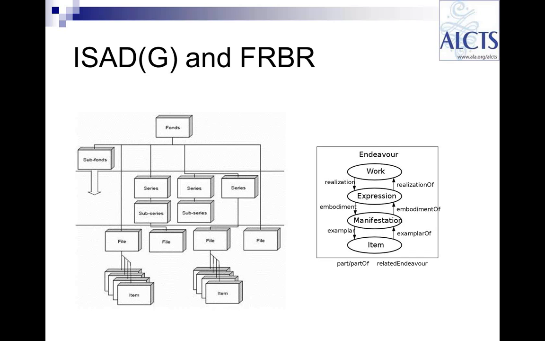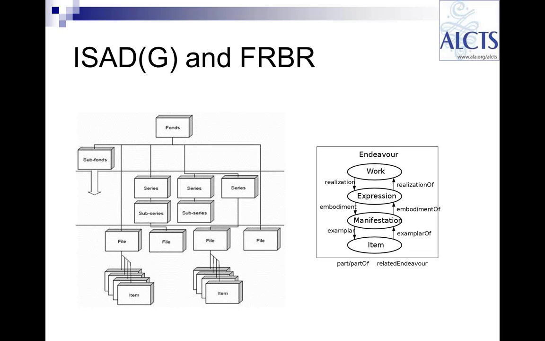Some of the obvious differences is the fact that the ISAD-G model is based on an assumption of hierarchical levels of description, but also each of those component descriptions from the fonds down to the item is based on an assumption of a unique singular item.